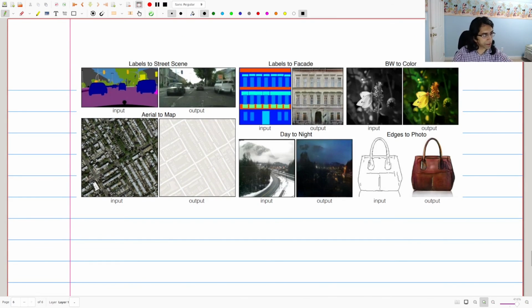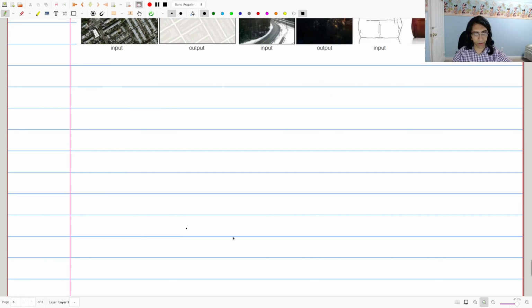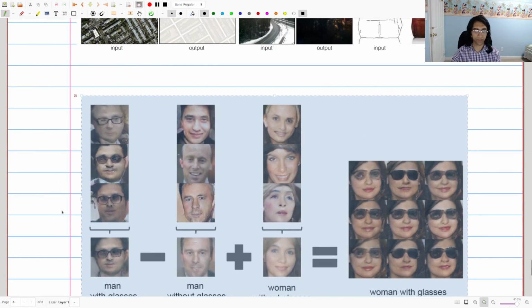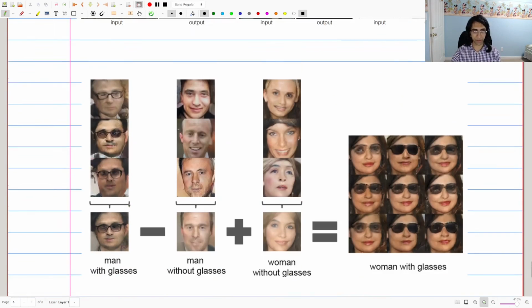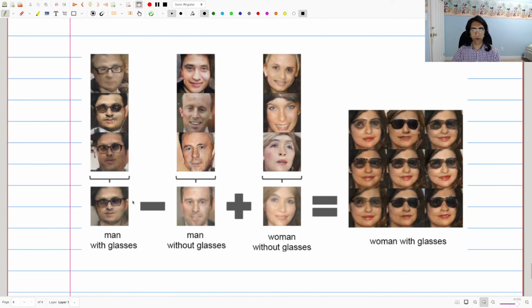As a final application, I will show you this picture, which is a little bit technical as to what's going on inside a GAN. By using these latent representations, you can start with this man with glasses, and see what a man without glasses looks like.